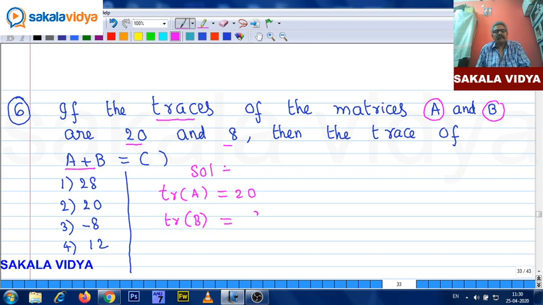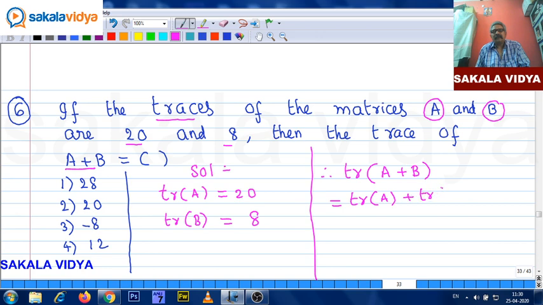Now we need to find trace of A plus B, whose value is equal to trace of A plus trace of B. Trace of A is 20, trace of B is 8. This will be 28. So, first option.